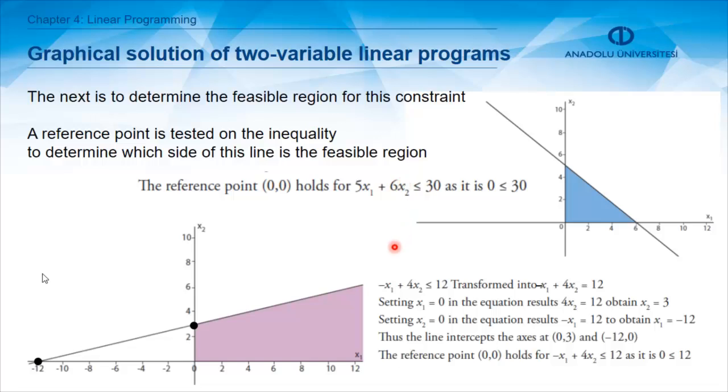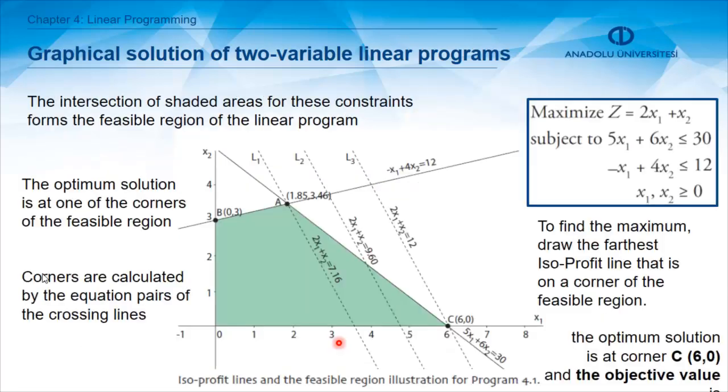We can also form the feasible region for the next constraint, and if we do the calculations, the region will be something like this, given in the plane on the left. The intersection of the shaded areas for these constraints forms the feasible region of the whole linear program.